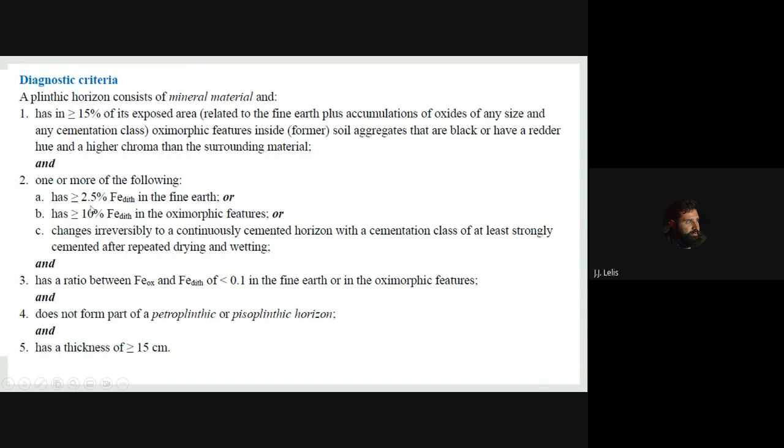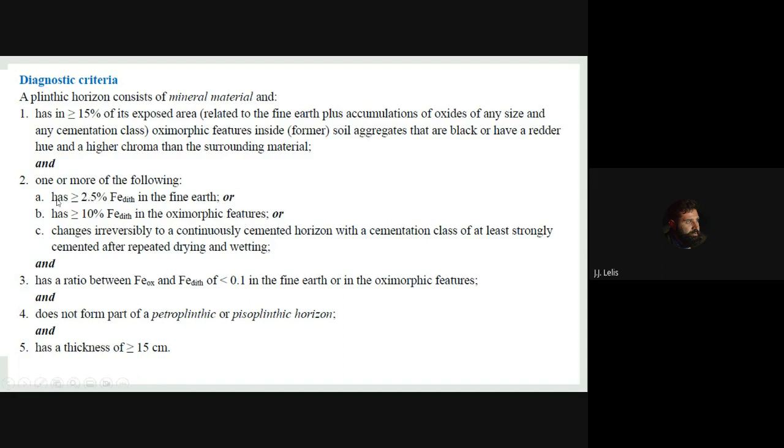It should possess a high percentage of iron that's extractable by dithionite in the fine earth. It's because this kind of iron is quite related to well crystallized oxides. So we should present a high content of iron that's related to oxides in this horizon. And it should present at least 10% of iron in these oxymorphic features that express the concentration of iron.